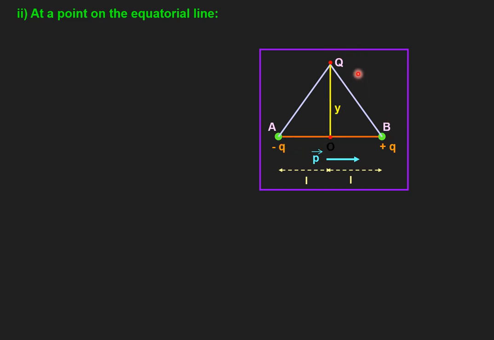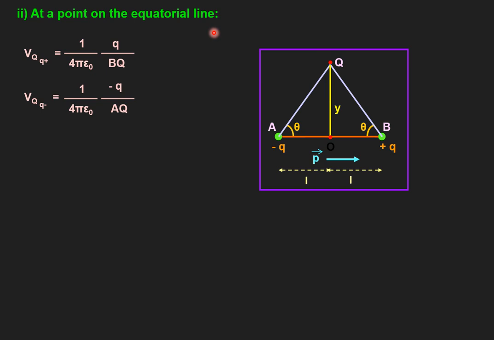Again 2L is the separation between the two charges. Let Y be the separation from this midpoint to the observation point. What I want to calculate is the electric potential at this point Q, lying on the equatorial line, due to the two point charges which constitute our electric dipole.